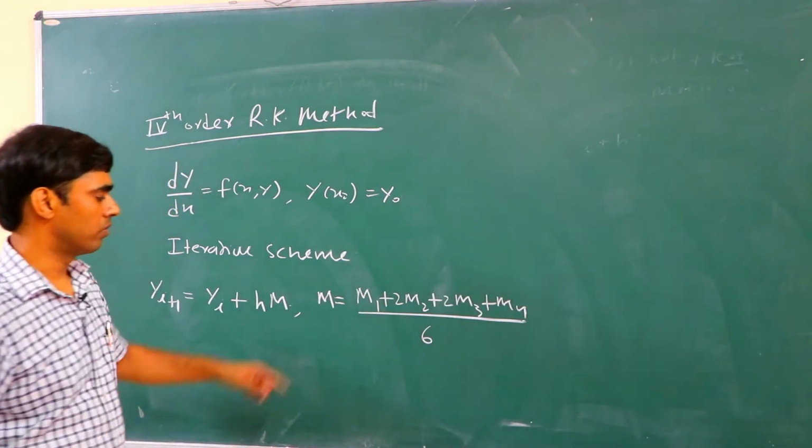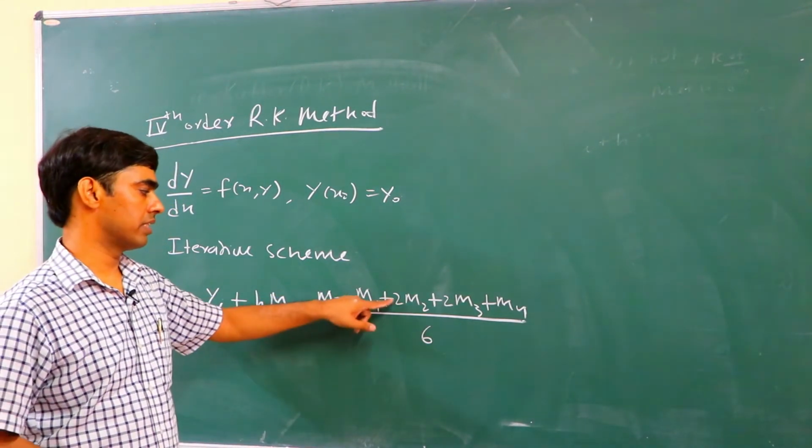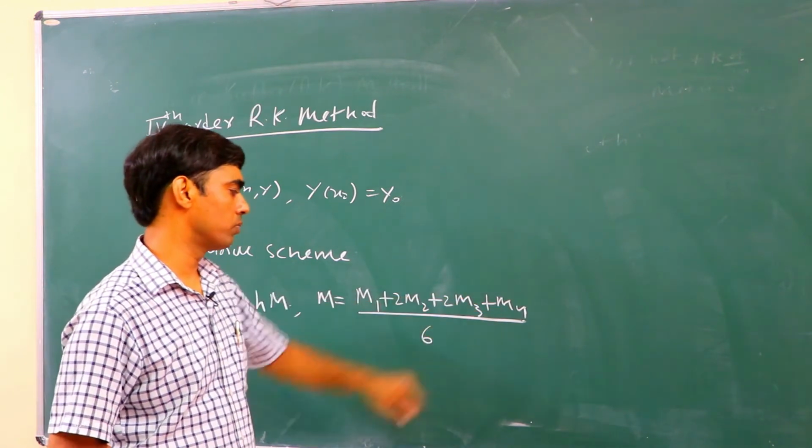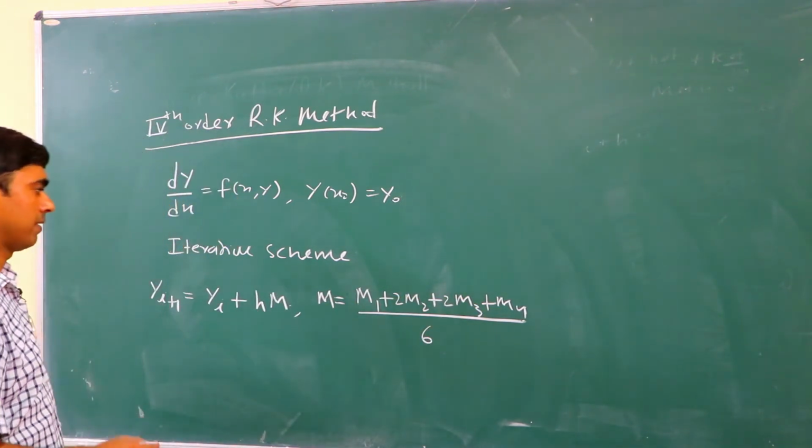Means W1 is 1 by 6, W2 is 1 by 3, W3 is 1 by 3, W4 is 1 by 6.